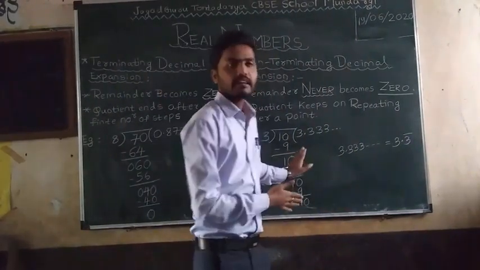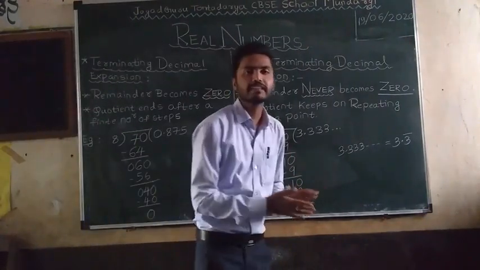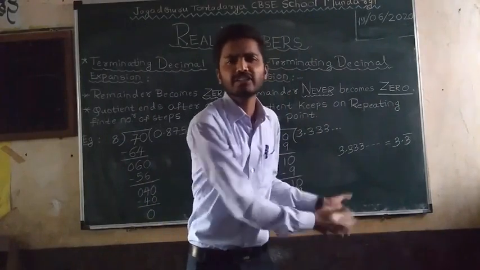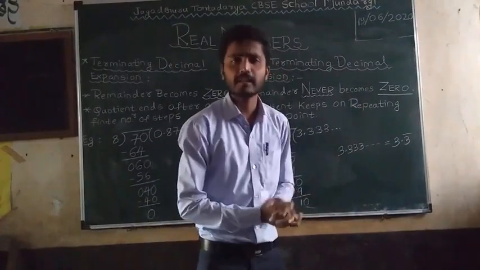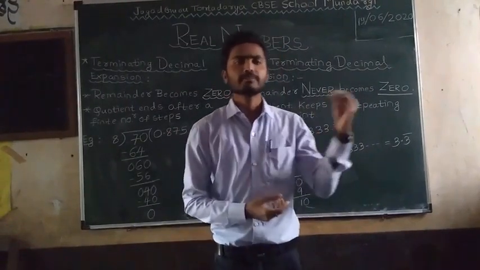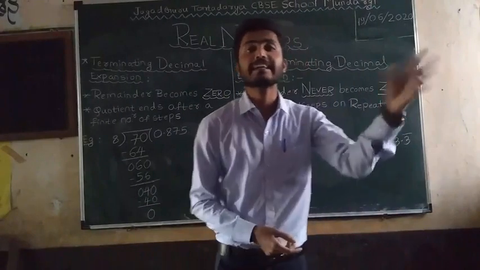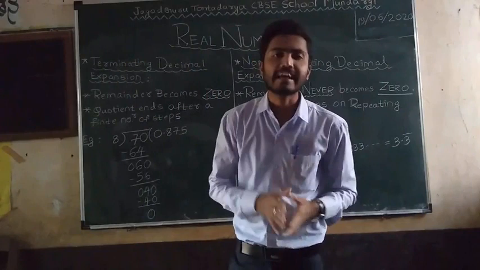Now here we have only small numbers: 7 divided by 8, 10 divided by 3. We can do long division and classify them as rational and irrational. Suppose they have given you an example like 15 divided by 80,000, or 3 divided by 1 lakh.